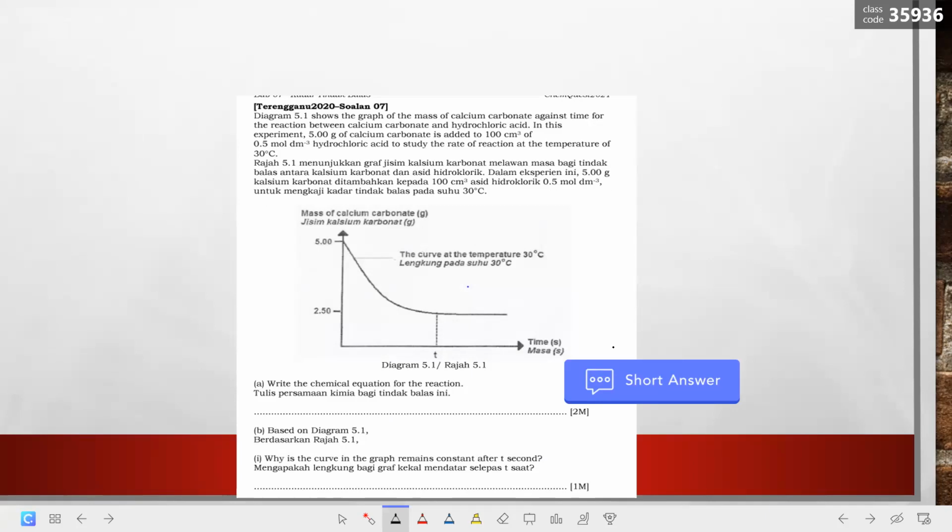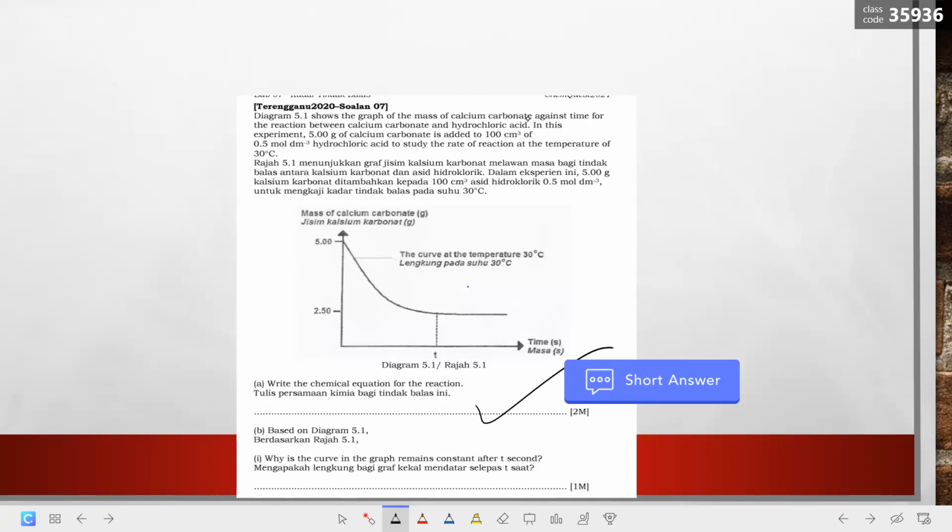Okay, excellent. Now, why does the curve in the graph remain constant after t second? Read the question properly. So can we say it's because all the reactant has been used up? Not all the reactants have been used up. Not all the calcium carbonate has reacted.